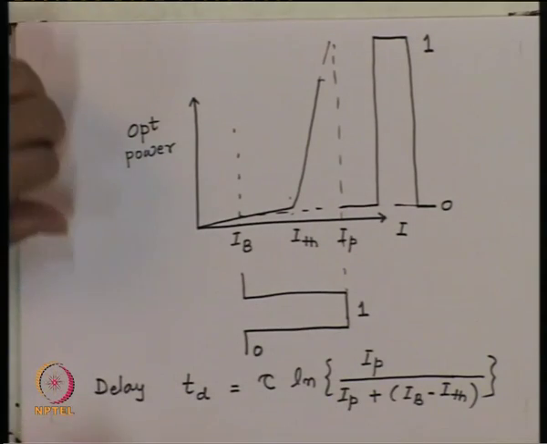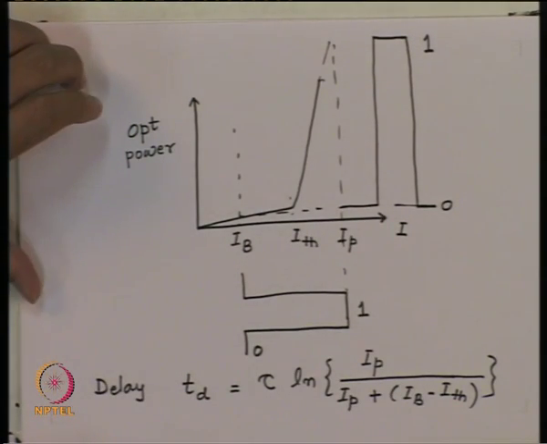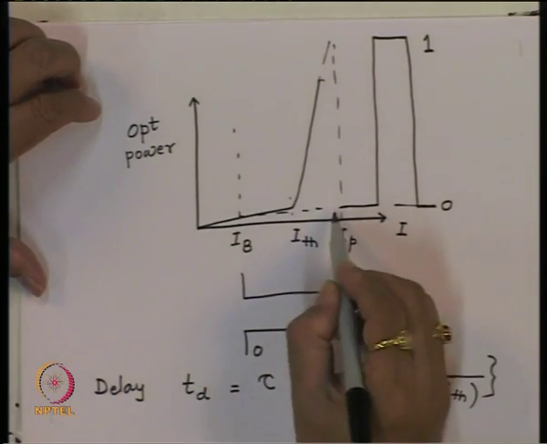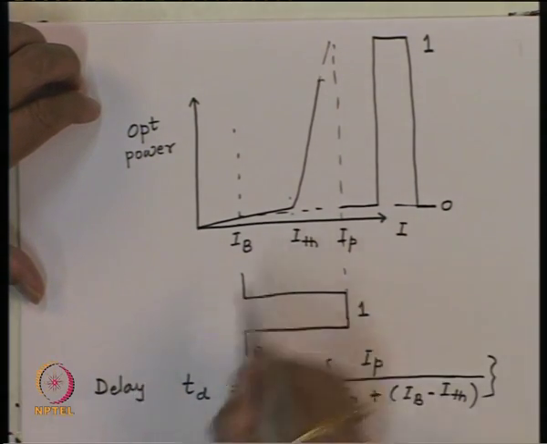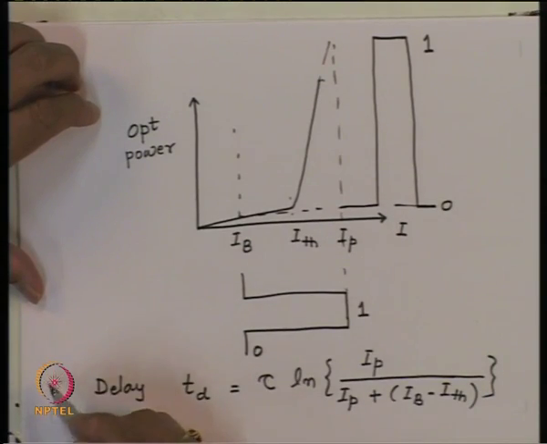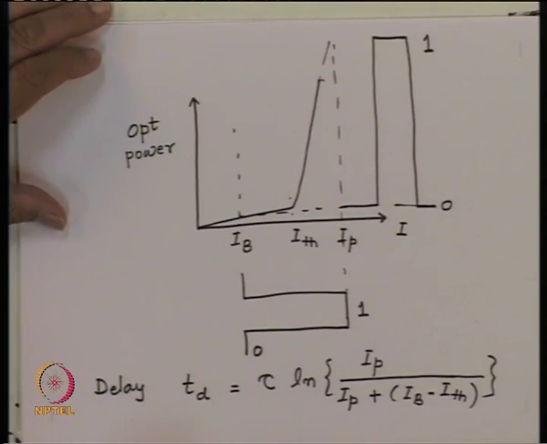But this has two problems now. Firstly, what you will notice is that if the device was biased at the threshold current, then we have the optical level corresponding to 0 that is large. So, the 0 is not really 0 from optical power point of view, that is one problem.